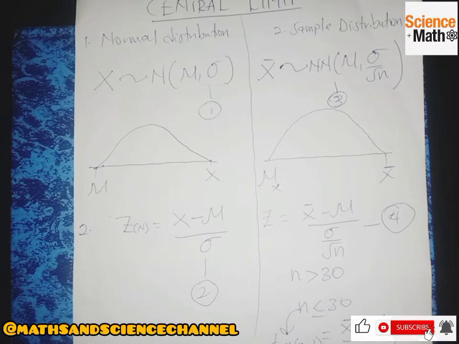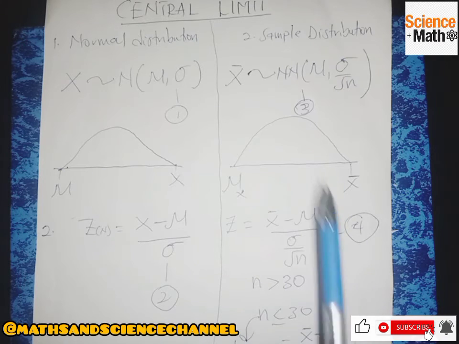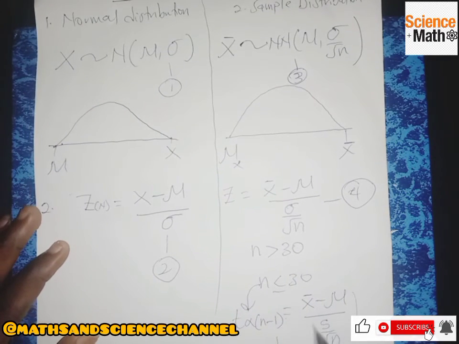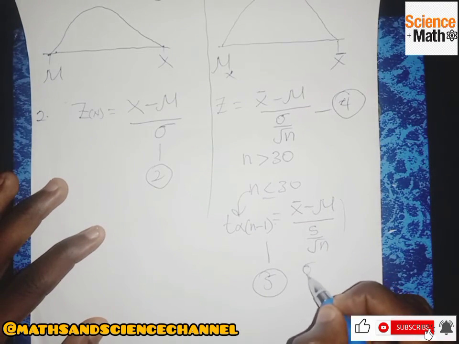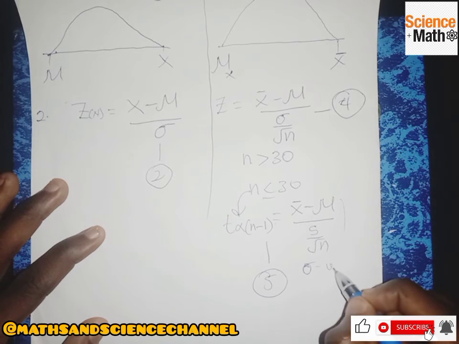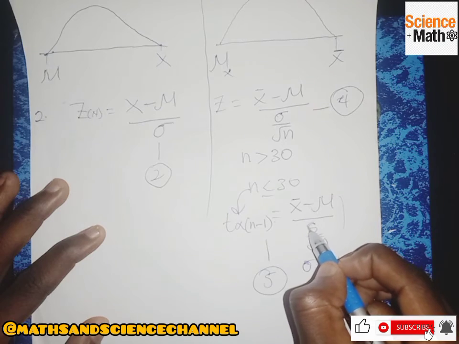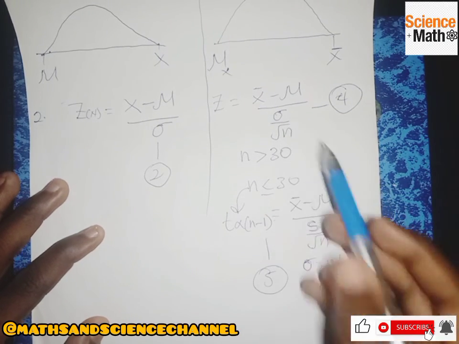But if it is a sample distribution question, then you have to consider using these formulas depending on the conditions given. If n is greater than 30, we use this. When n is less than 30, we use that. And we also use this formula when the standard deviation is unknown. In this case, our standard deviation is written as s, not as sigma. So take note of the difference.